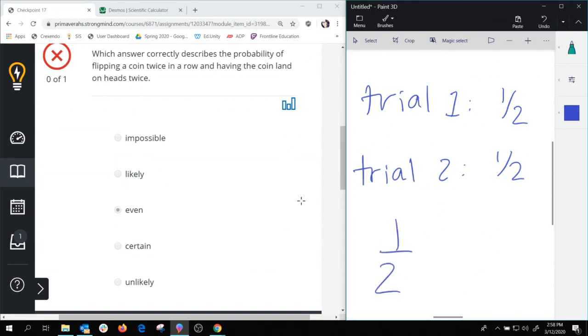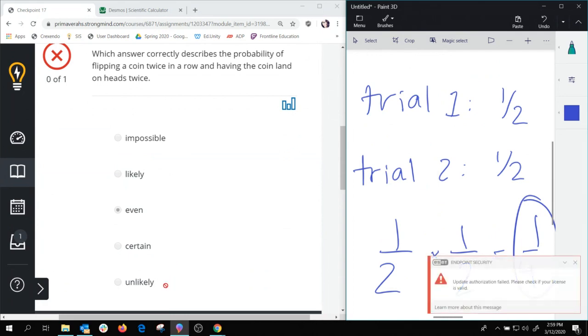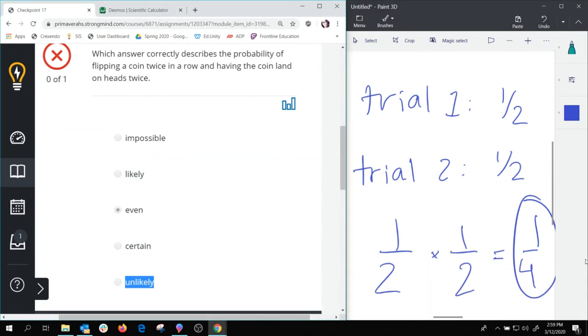So I'd have 1/2 times 1/2, which would give me 1/4. So 1/4 is smaller than 1/2, right? So it's not impossible. It can definitely happen, but it's unlikely because you only have a 25% chance of it happening.